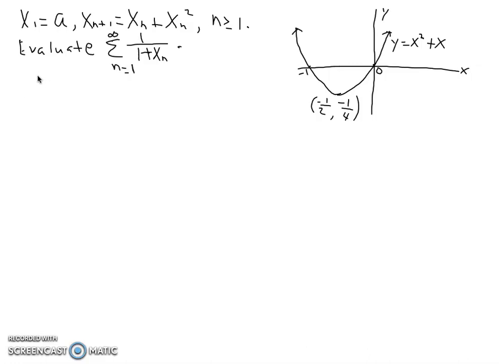All right, let's look at our series here. We've got the sum as n goes from 1 to infinity of 1 over 1 plus x sub n, but that's equal to the sum as n goes from 1 to infinity of 1 over x sub n minus 1 over x sub n plus 1 over 1 plus x sub n.